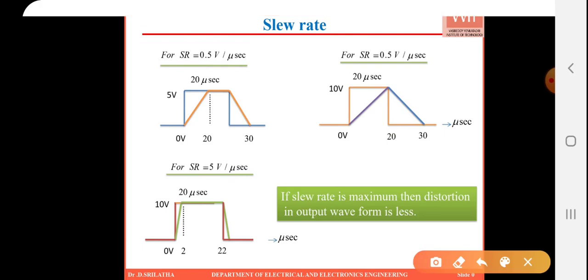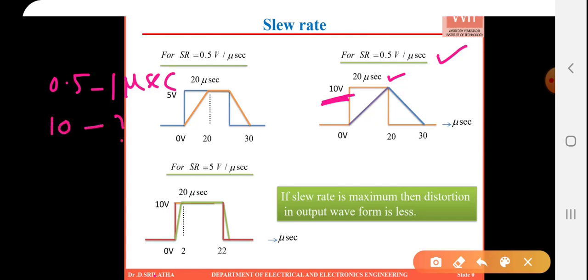Now in the second case, if the slew rate is 0.5 volts per microsecond, then if the input voltage is 10 volts with the same time period of 20 microseconds. Now let us calculate. For 0.5 volts, it requires 1 microsecond. Then in order to raise the output voltage from 0 volts to 10 volts, how much time is required? It requires 20 microseconds.